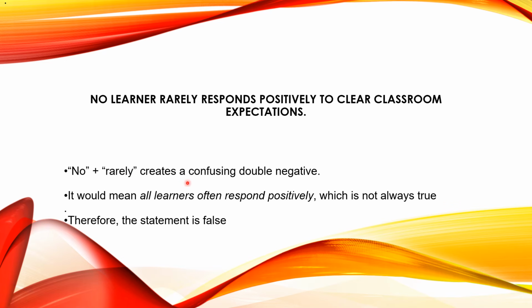So sometimes this kind of double negative creates confusion. So it would mean all learners often respond positively, which is not always true. So all learners often, the often could also mean sometimes, but that is not always true. So the statement is what? False. Okay, last one.